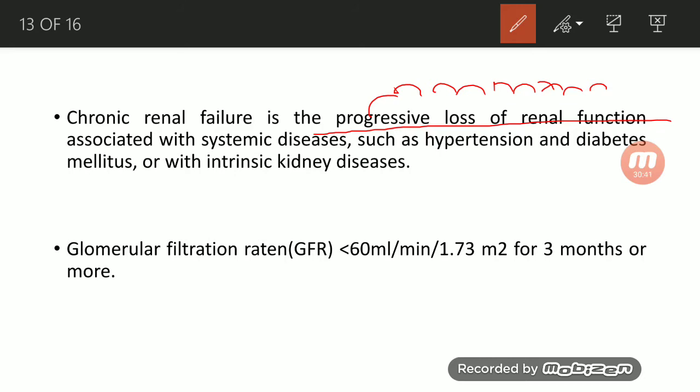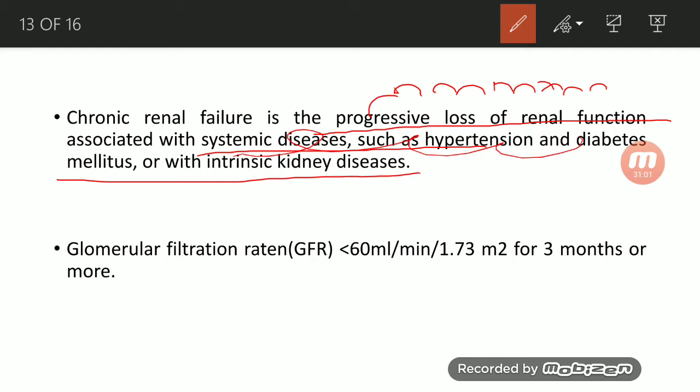The onset of chronic renal failure is long, and it is generally associated with systemic diseases such as hypertension, diabetes mellitus, or any intrinsic kidney disease that persists for a longer duration of time.